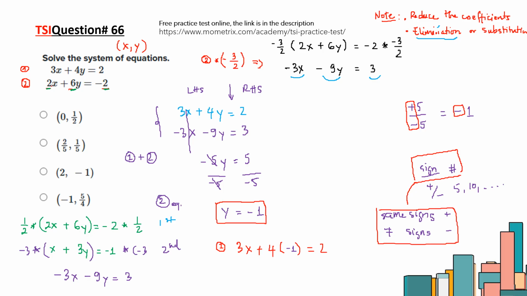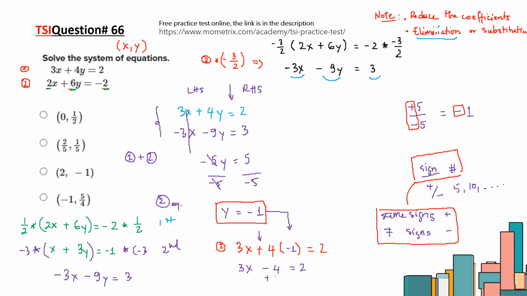Just copy exactly what you have here. Sometimes you have a negative right here, that makes a difference. That's why we have to be careful. So let's simplify this. We have 3x, 4 times -1 is -4, equal 2.